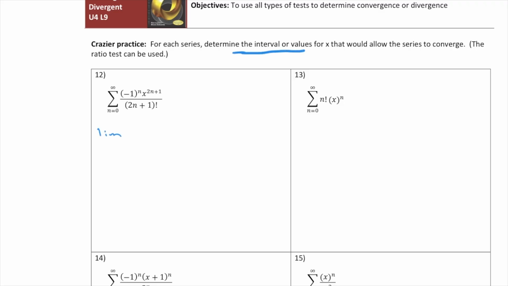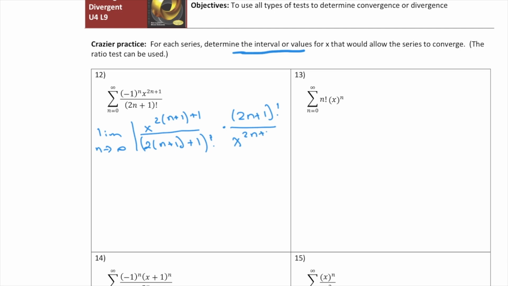So for the first one, you take your limit as n goes to infinity. You have the absolute value. I'm going to leave the alternating series component out, which gives us x to the 2 times the quantity n plus 1, plus 1, divided by 2 times the quantity n plus 1, plus 1 factorial, multiplied by the reciprocal, and we will have 2n plus 1 factorial divided by x to the 2n plus 1.